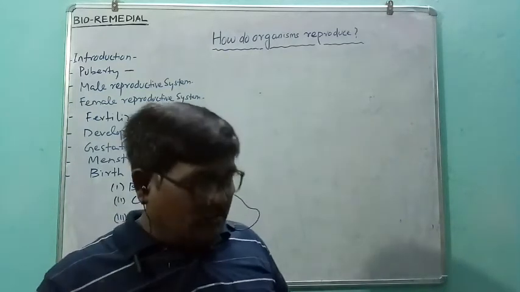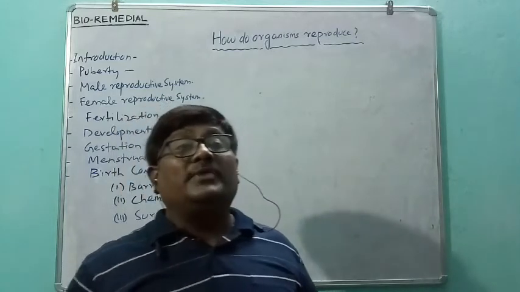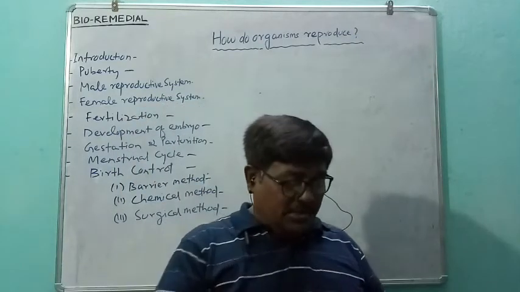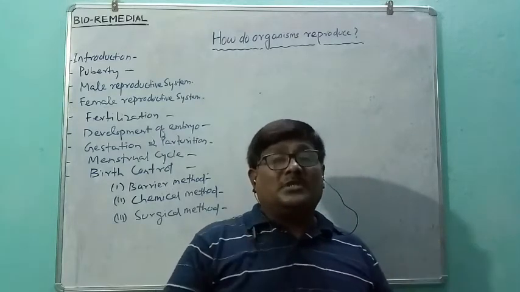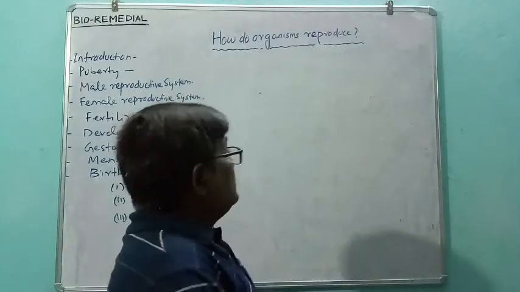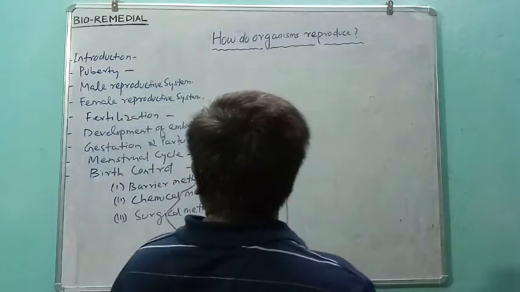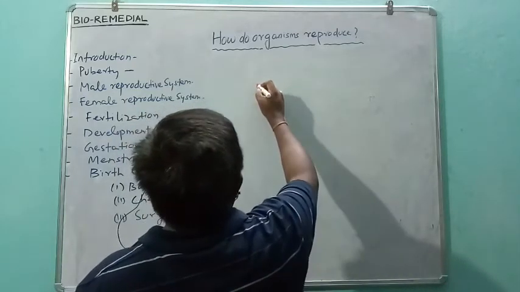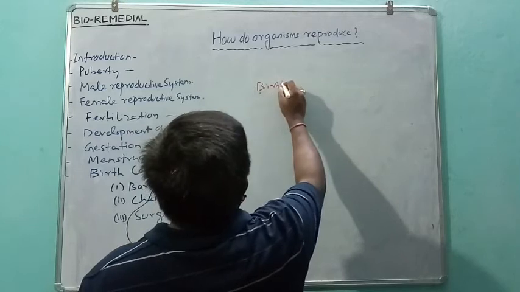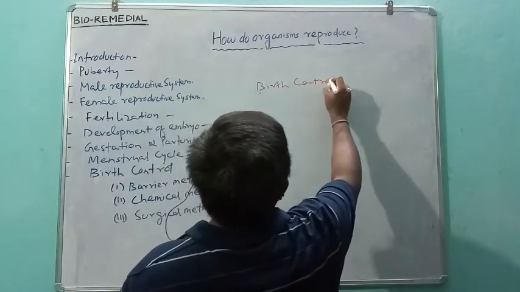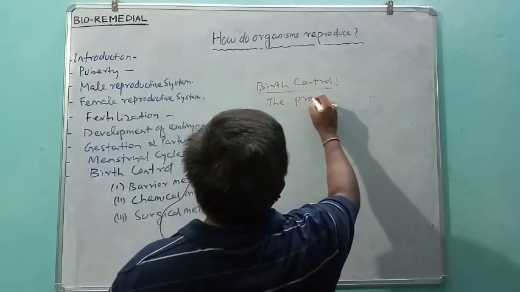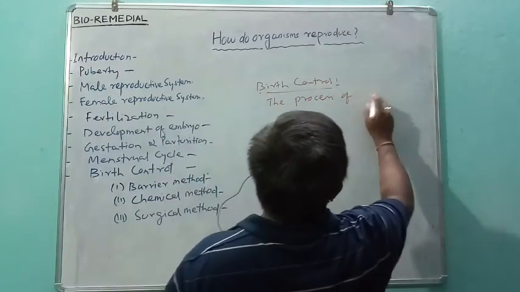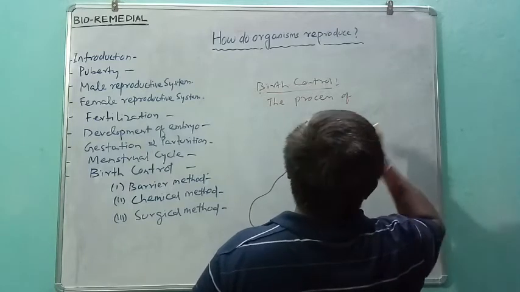So what are the various ways that population can be controlled? What is birth control? Birth control is the process of preventing pregnancy.